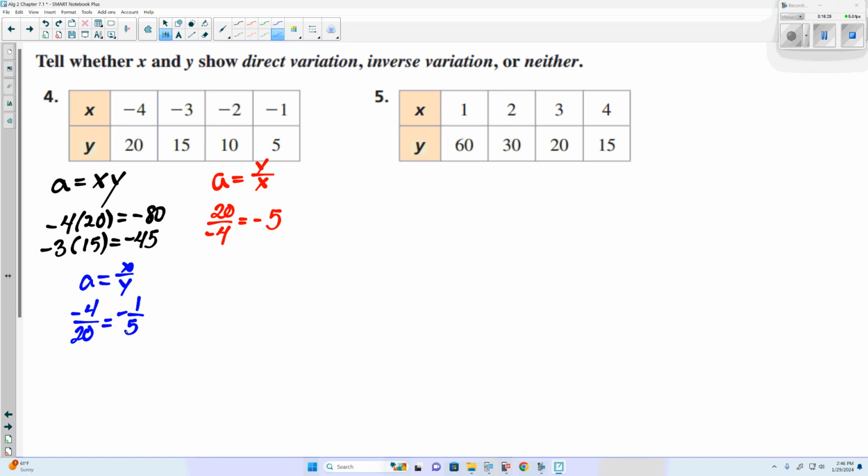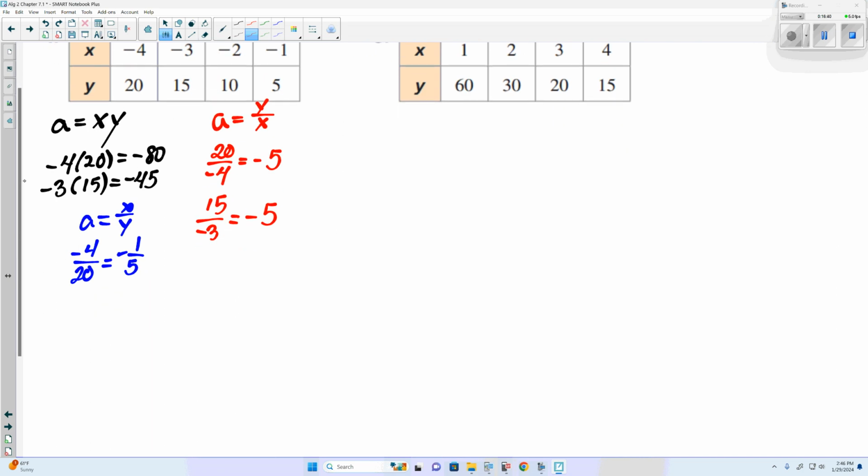It's just the reciprocal. Now if we went to the next one, 15 over negative 3 is negative 5. Over negative 3 over 15 would be negative 1/5. 10 over negative 2 is, and the last one, 5 over negative 1 is negative 5.